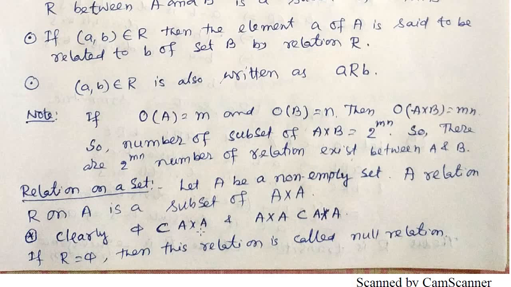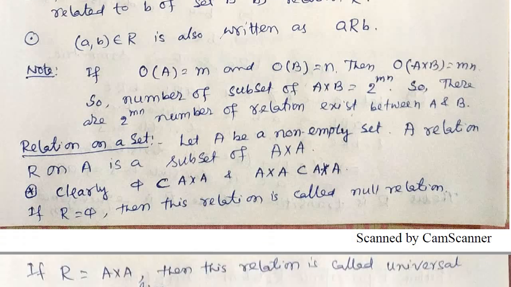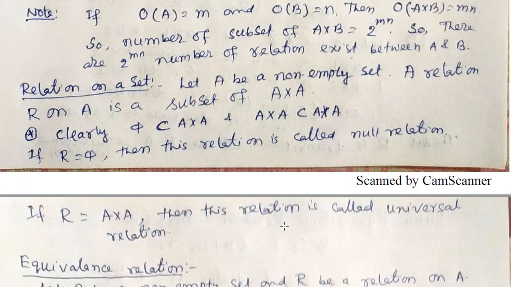So phi is a subset of A cross A, and A cross A is also a subset of A cross A itself. So this trivial relation is called the null relation, that is, no one is related to each other. And the second one is called the universal relation, that is, everyone is related to every other element.